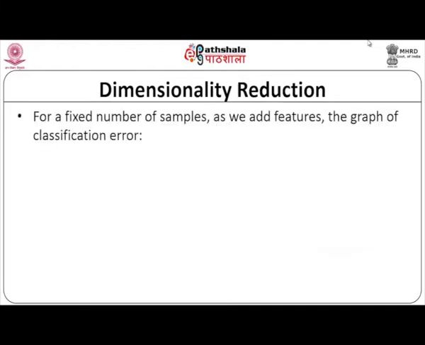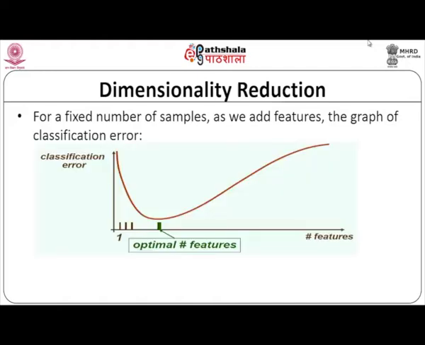So, for a fixed number of samples, as we add features, there is a graph of classification error. What we are going to try to tell here is that it is not necessary to arbitrarily increase the features, because it has been shown that up to a certain point the classification improves, but after that the error increases. So, let us look at that. This is the classification error and the number of features. As you can see, as the number of features increases, the error decreases up to a point.